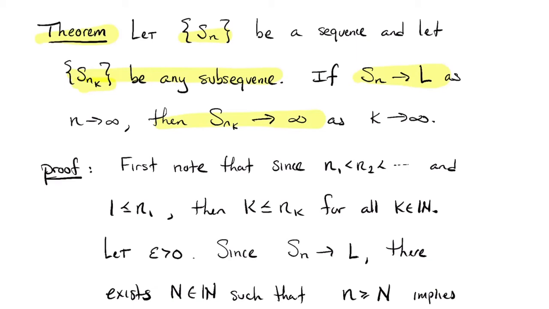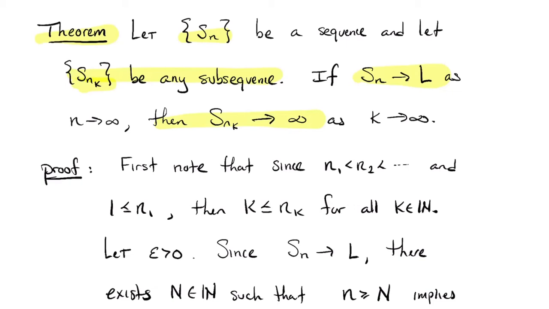Said another way, every subsequence of a convergent sequence converges, and it has the same limit.